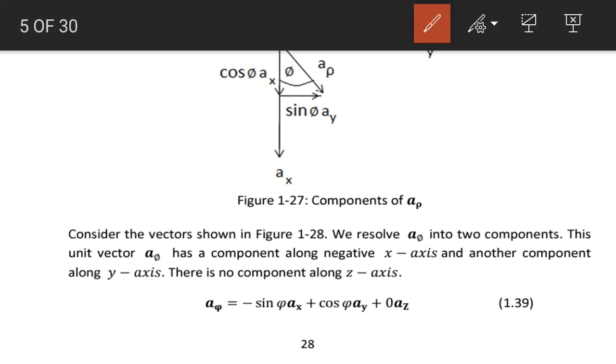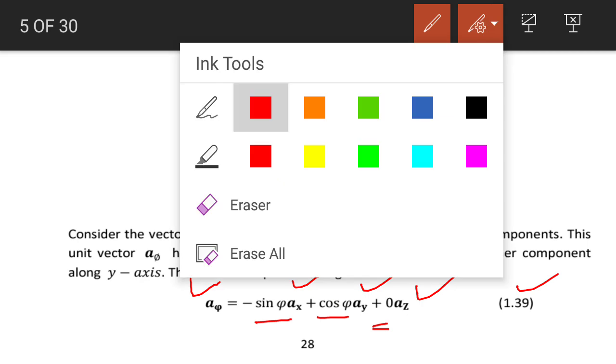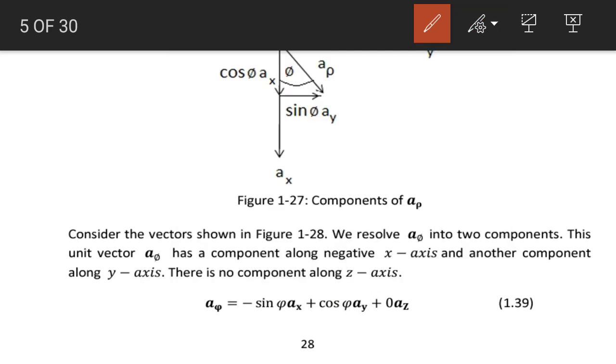In equation number 39, a phi dot ax is equal to minus sin phi, and a phi dot ay is equal to cos phi, and a phi dot az results in 0. So a phi dot ax results in minus sin phi, a phi dot ay results in cos phi, a phi dot az results in 0.